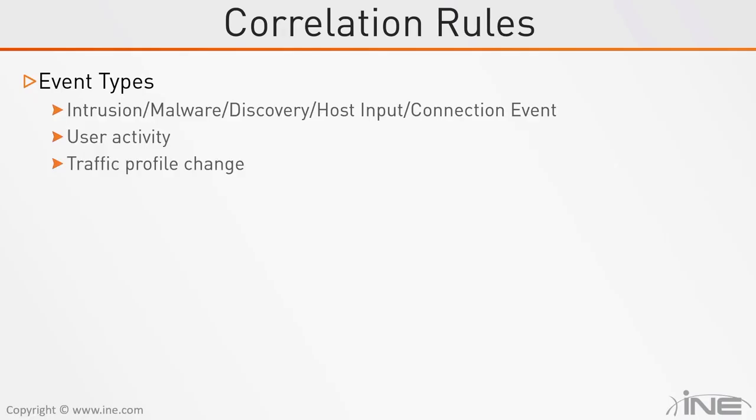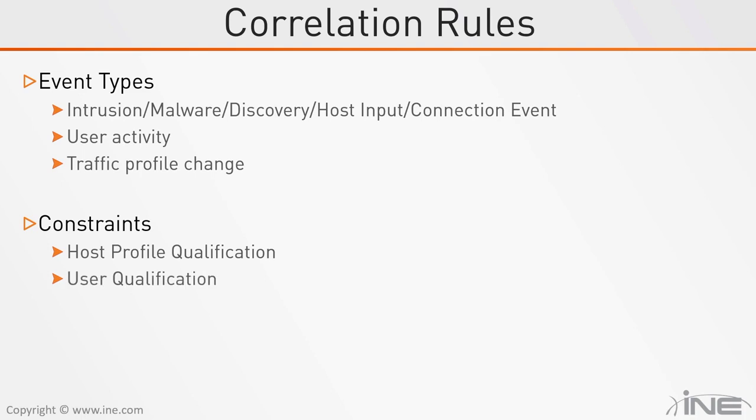Okay, now moving on, the other type of condition you can add as you build a rule is known as constraints, which is basically adding some more context to the rule. You can build your constraints based on the host profile information, such as the MAC address of the device. We can take a look at the identity factor via user qualification.